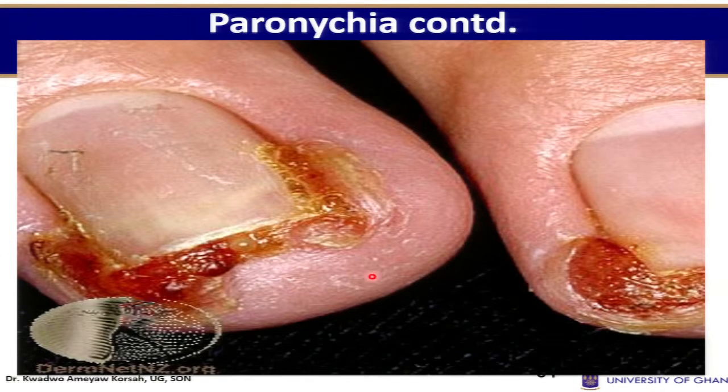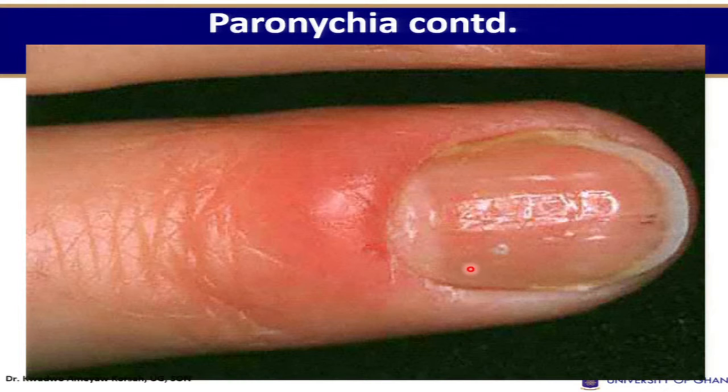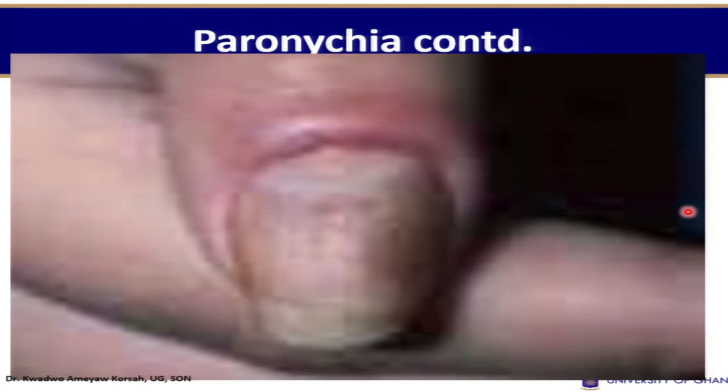And then here too, you can see that it has started at the angle of the nail. And this is another picture you can see here, localized around this place. And if time goes on, it will affect the nail.